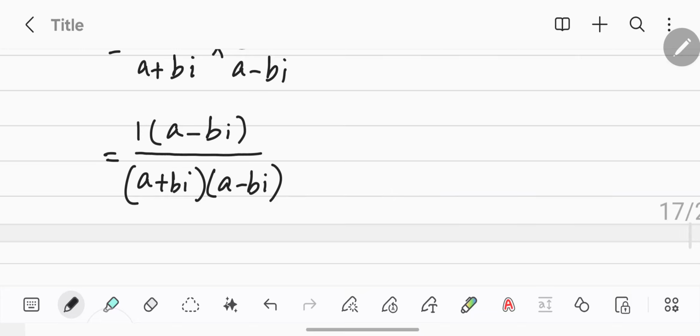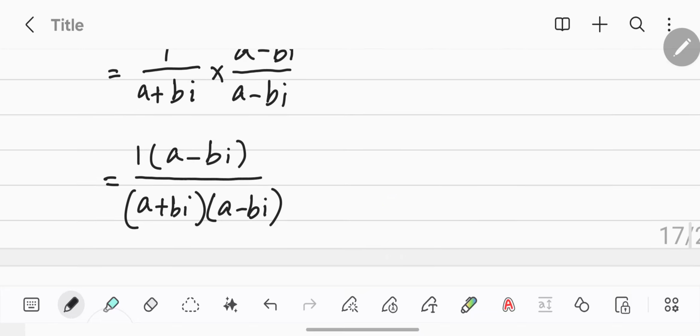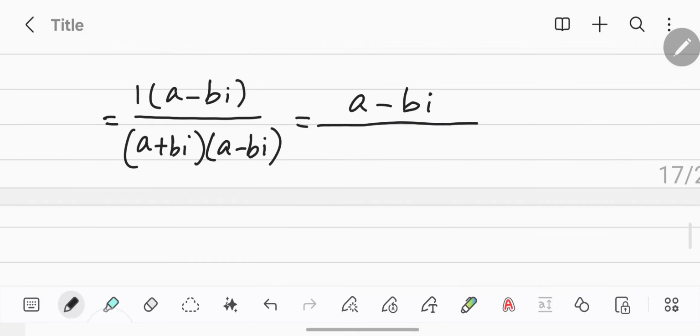Okay? Now, if you multiply up, 1 times a is a, minus 1 times b iota is b iota. Now, if you multiply these two things, multiply a with a, which is a square, then multiply a with negative b iota, you will get negative ab iota.